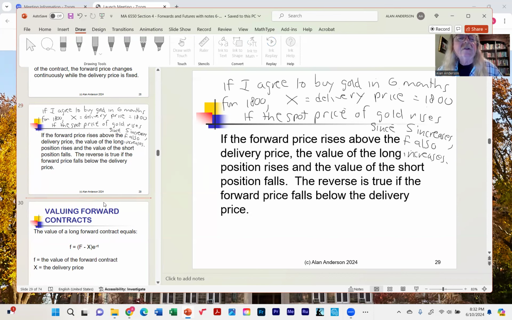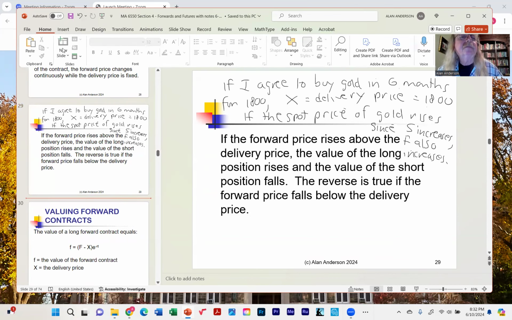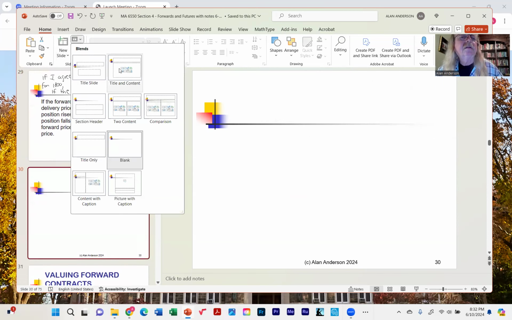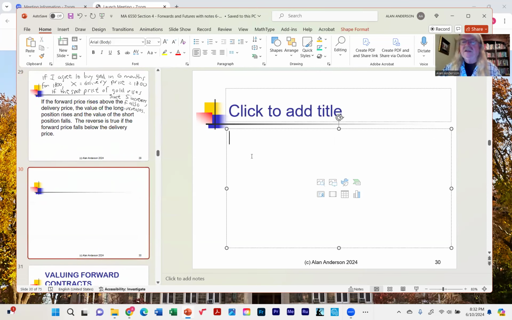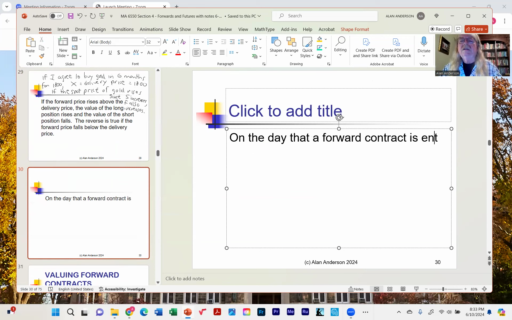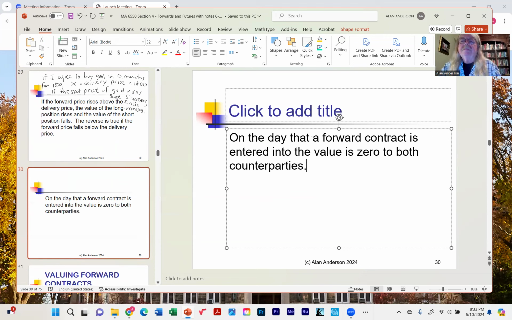On the day that we enter into a forward contract, whatever that day is, a contract is entered into, the value is zero to both counterparties. We both have a contract in our hands which has no value because we're agreeing to buy something at the correct price.